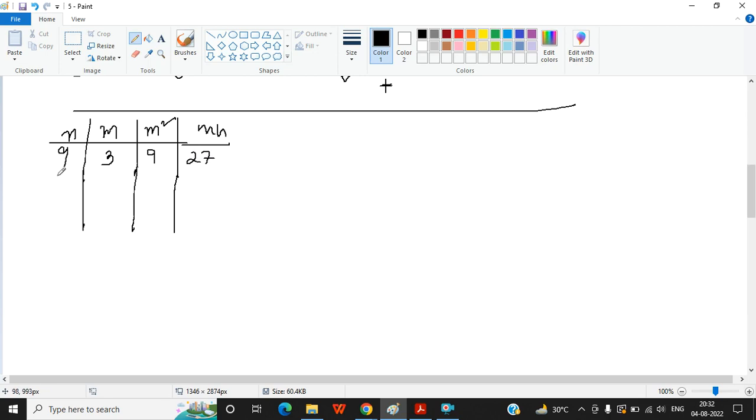So if your search string is of this length, you know that here m will always be less than or equal to n. m is always less than or equal to n because n is the source string and m is the pattern string.